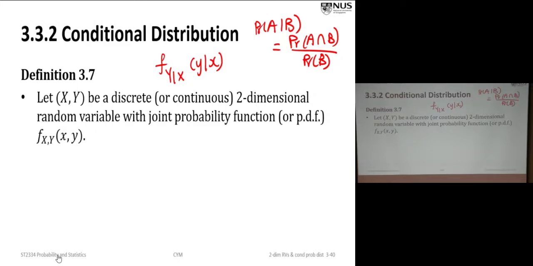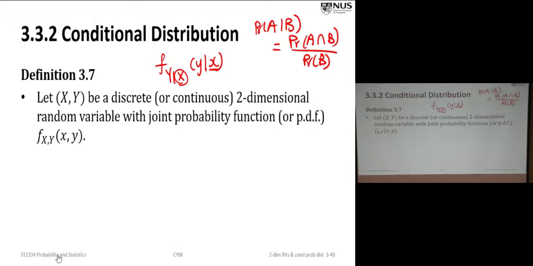In this case, X is no more a random variable because it takes the value little x. Only Y is the random variable. So this conditional distribution is still a distribution of the random variable Y, the one that I wrote down there.